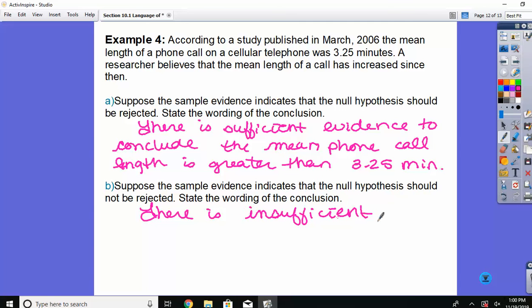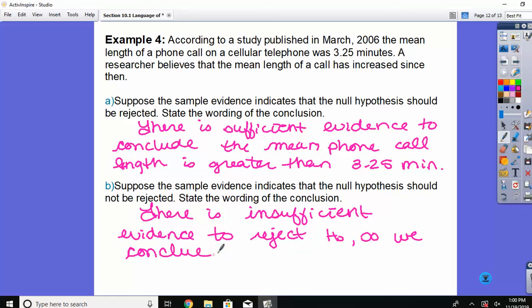There's insufficient evidence to reject the null hypothesis. So we fail to reject it at least. We can't say that it is most definitely true, but we can't prove otherwise.